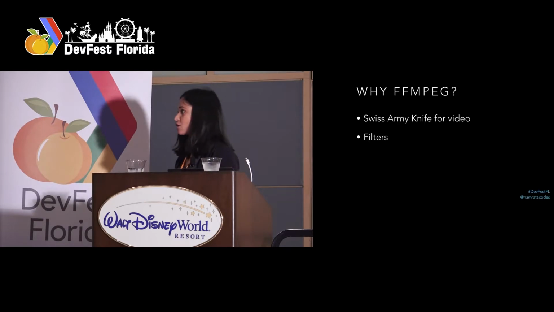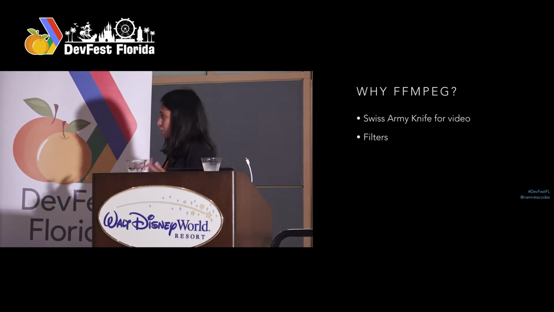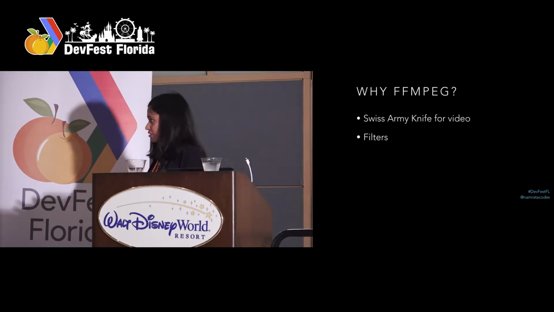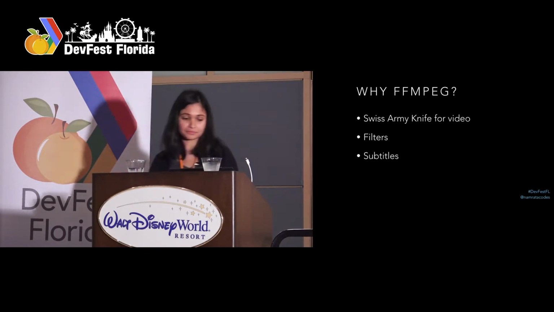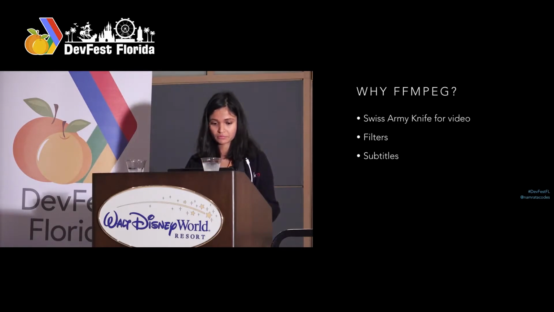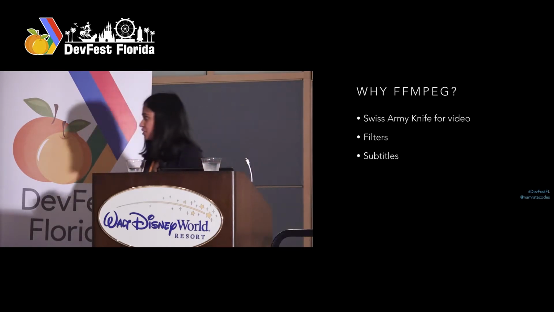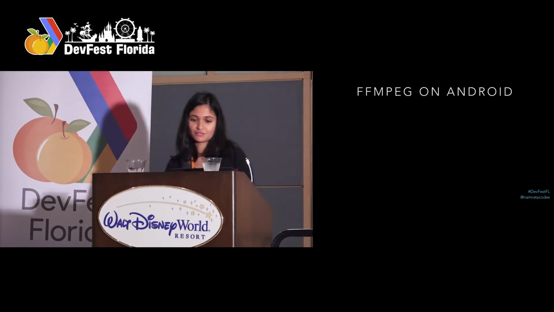So in FFmpeg, operations like scaling and cropping are called filters, as well as very complex operations like applying convolution or blurring effects to the video are also supported. And it has a feature that can add subtitles to your video. So if you were making a media player app, this functionality would come for free with FFmpeg.